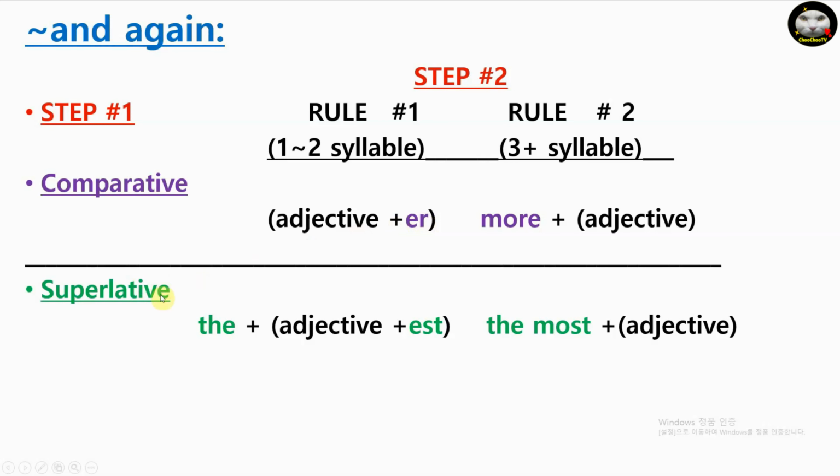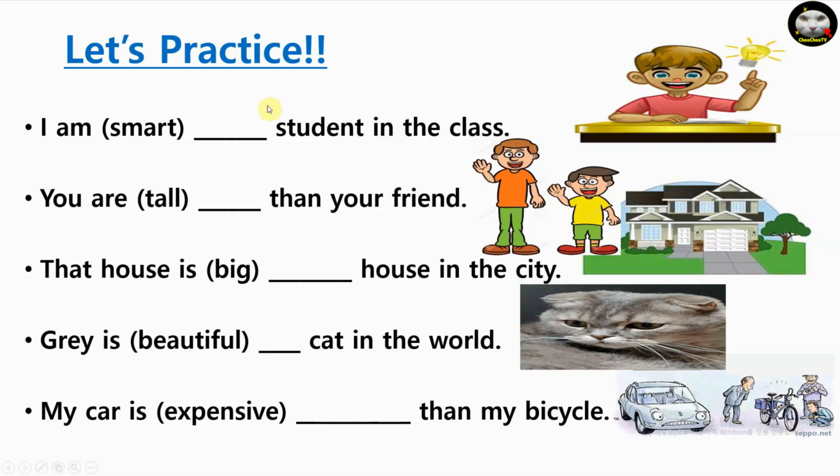If it's a superlative sentence in Rule 1, we add the and EST. But if these are long words with 3 or more syllables, for a comparative, we add the word more before the adjective, or the most before the adjective for a superlative sentence. Let's practice.